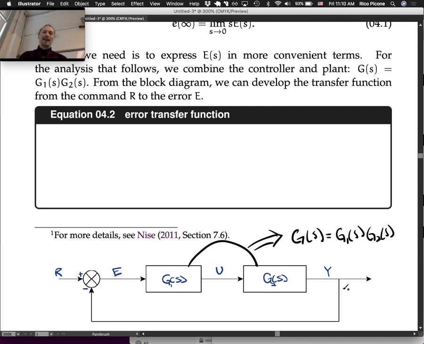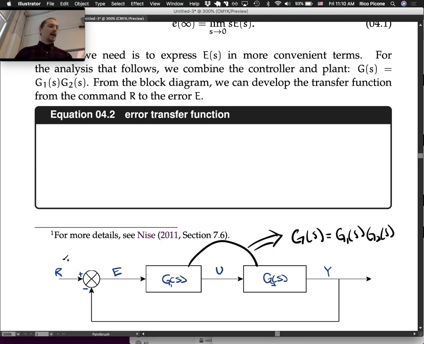But in this error analysis, we're interested in the transfer function to the error from R. So if you command something, how much error are you going to get is what that will tell us.